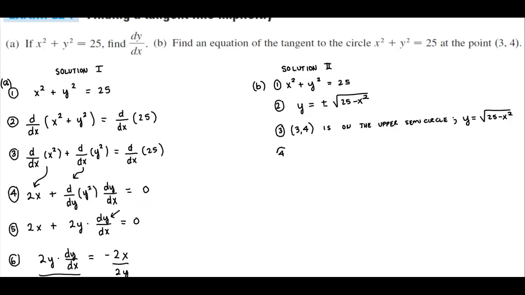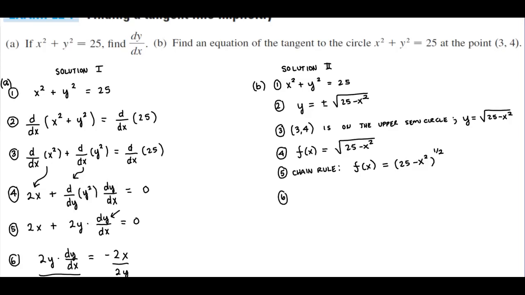We're going to consider the function y equals, we'll call it f of x, which is equal to the square root of 25 minus x squared. Now we can use the chain rule to differentiate. So f of x is equal to 25 minus x squared to the power of 1/2.